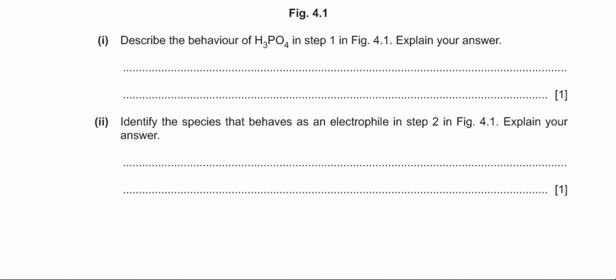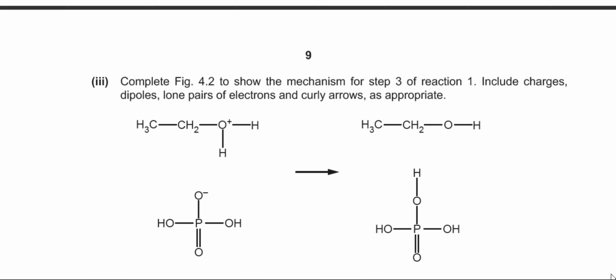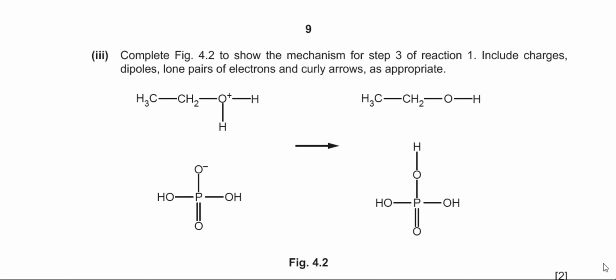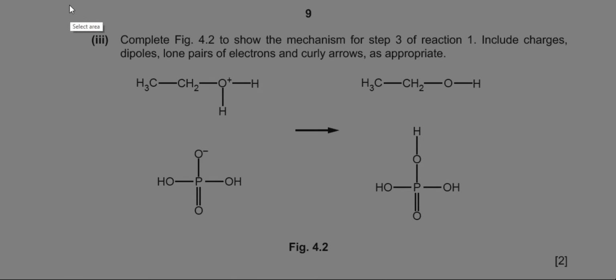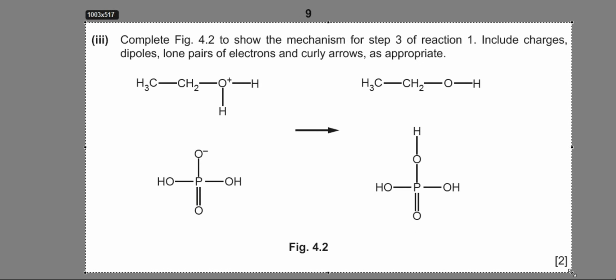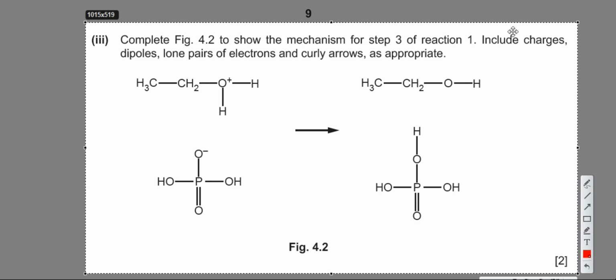Understood? Next part, he says complete figure 4.2 to show the mechanism for step 3 of reaction 1. Include charges, dipole, lone pairs. So this is important, so let me draw for you how to show all these things. First of all, remember, oxygen being highly electronegative, it has an extra lone pair of electrons.